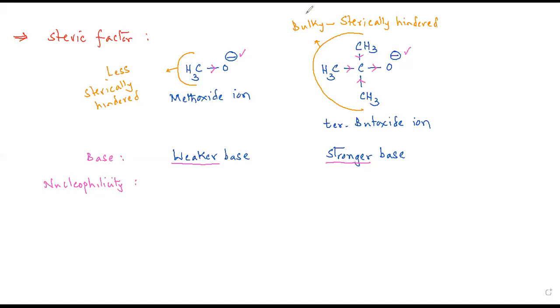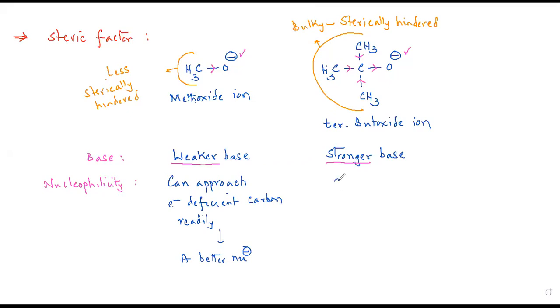So which one is a better nucleophile? Obviously the methoxide ion can approach the electron deficient carbon readily. Being less sterically hindered, it can easily approach, therefore, a better nucleophile. Okay.